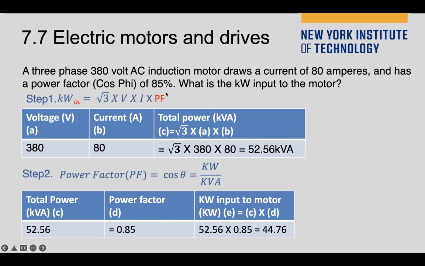So now we can calculate the total power by 380 volt and 80 amp with this equation. And we also know about the power factor, 95%, that is 0.95. Then we can obtain the power input to the motor, that is 44.76 kilowatt, which is quite simple for that one.